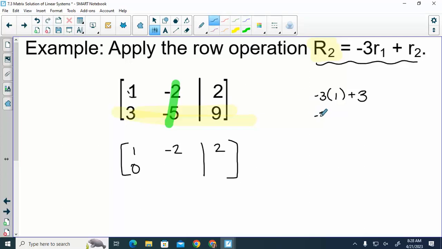So I do negative 3 times the number in row 1, which is negative 2, plus the number in row 2. So what do we get? 1. Third one: negative 3 times the number in row 1 plus the corresponding number in row 2. Yeah, you work in that column.